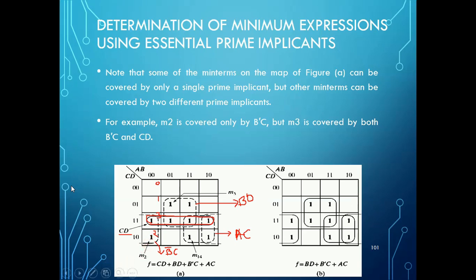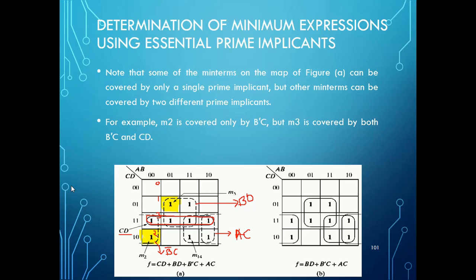So I will just shade that area which is considered. So this one is included for only one single term, and if you see this particular thing here, this one is also included only for one BD term.